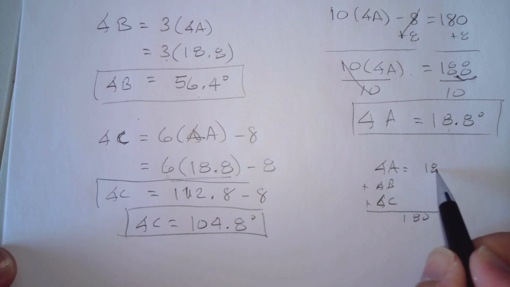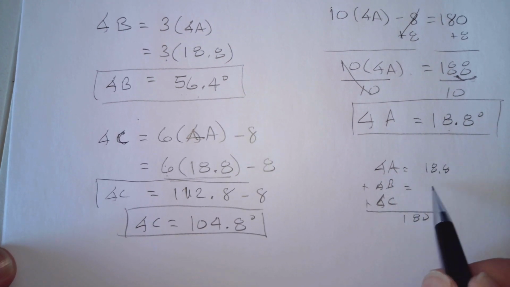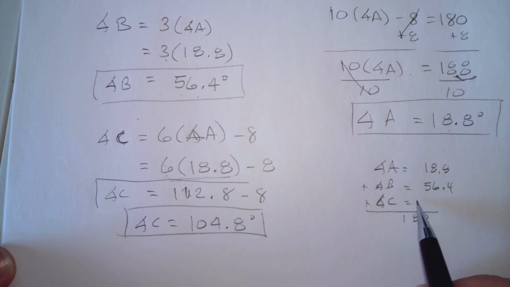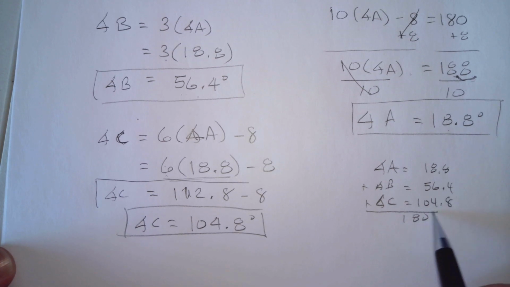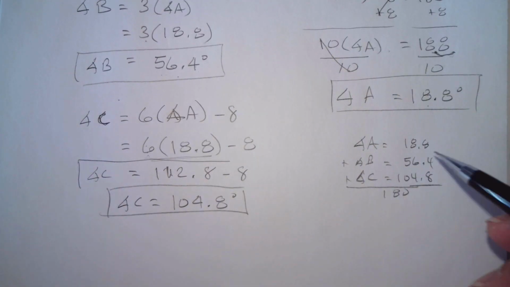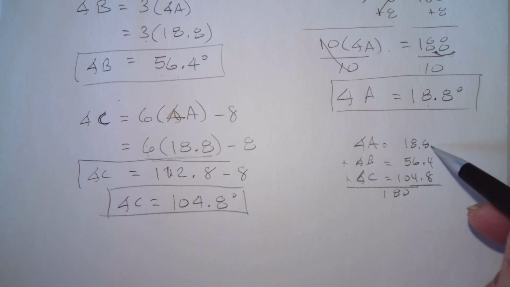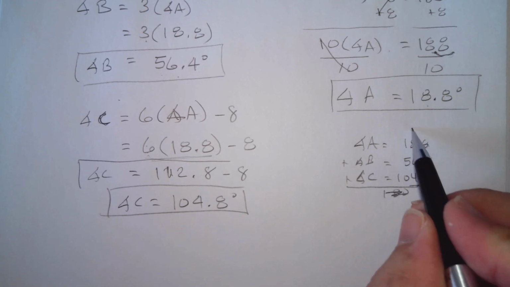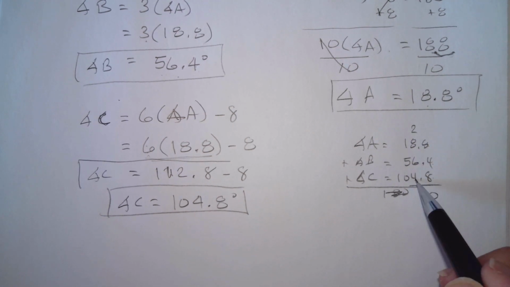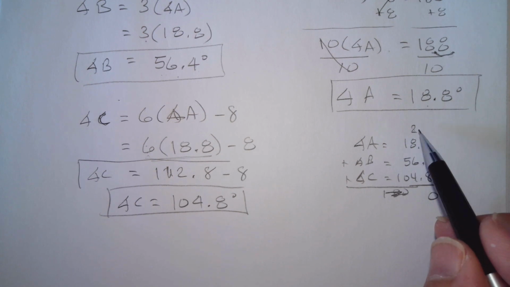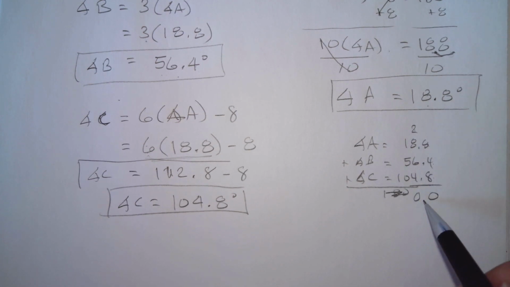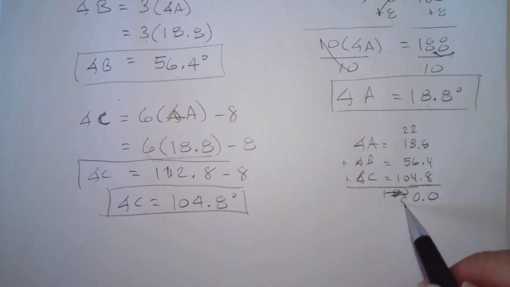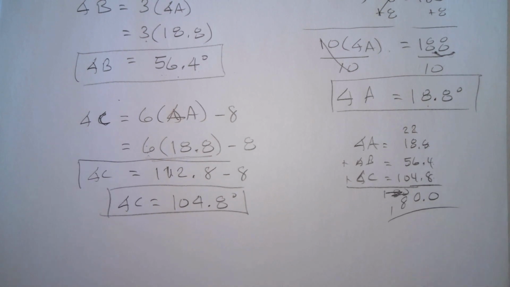So 18.8, 56.4, 104.8. 8 plus 4 plus 8 is 20, carry the 2. 1 plus 5 plus 0 is 10, 10 plus 2 is 12... it equals 180, so check.